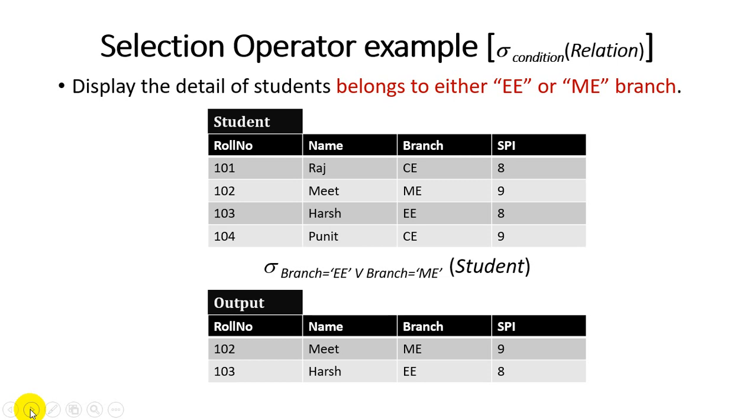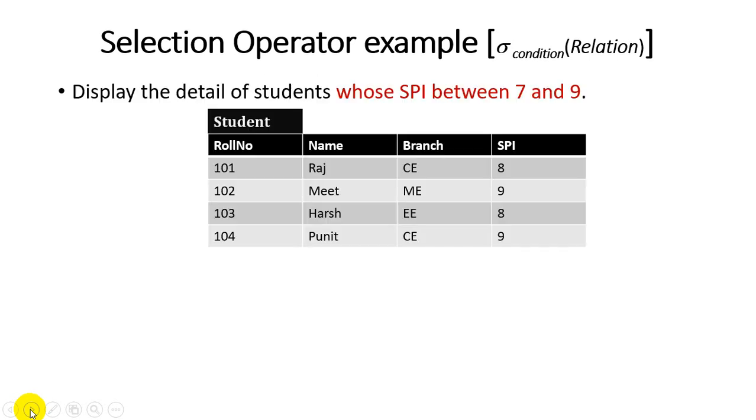I hope you understand how we use the selection operator with different examples. Fourth one: display the details of students whose SPI is between 7 and 9. In this example, we use the between idea, 7 and 9, with the selection operator. So we provide sigma with SPI greater than 7, meaning minimum 7, and SPI less than 9.